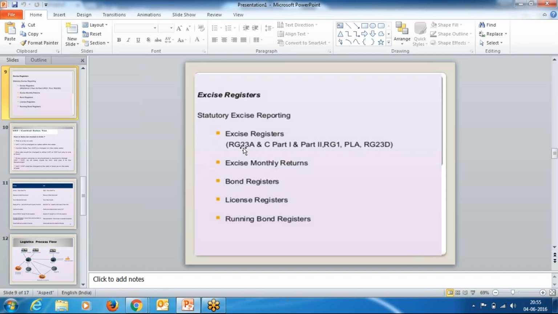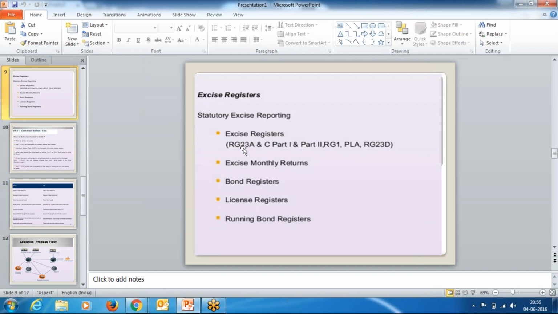Then comes your RG1 register. RG1 is used for your outgoing sales. Whatever you are selling will be registered under the RG1 register. Then your PLA, the proforma ledger. Then comes your RG23D. RG23D is used for your depot transfer.